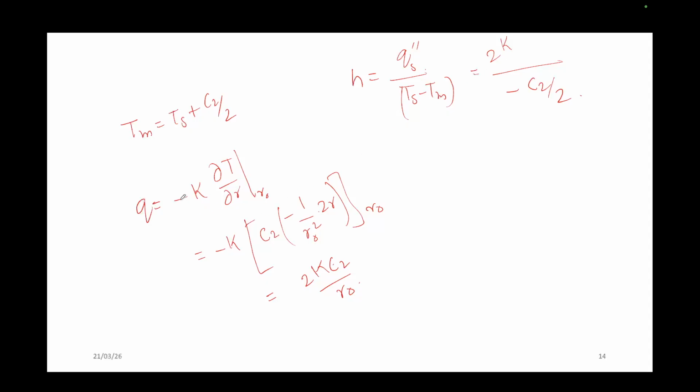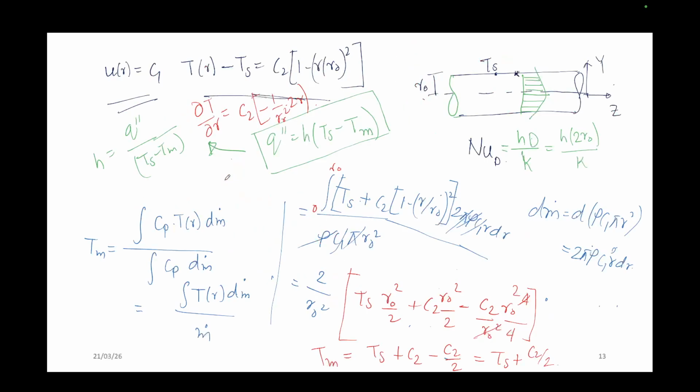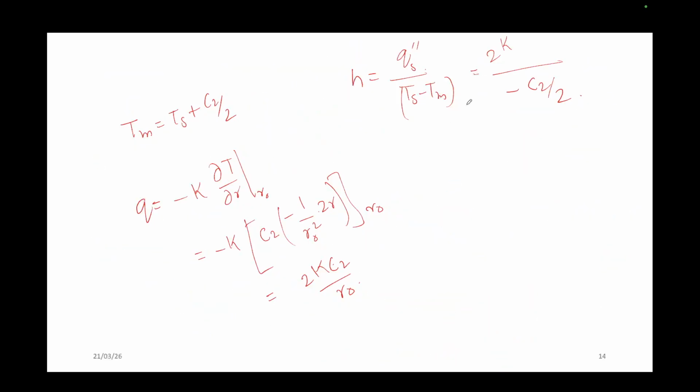Okay, see one thing. Any wrong I have done? Anything wrong? Yes, minus. So this C2 by R naught. So there should be 4K by R naught, right?